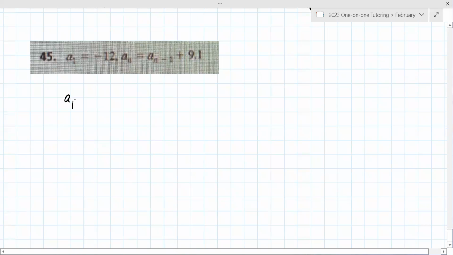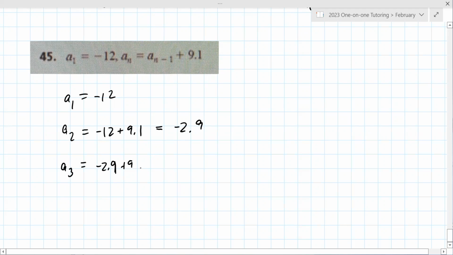So the first term is -12. The next term is to take the previous term and add 9.1 to it. So -12 plus 9.1, which is -2.9. The third term is to take the previous term and add 9.1 to it, which is 6.2, I believe.